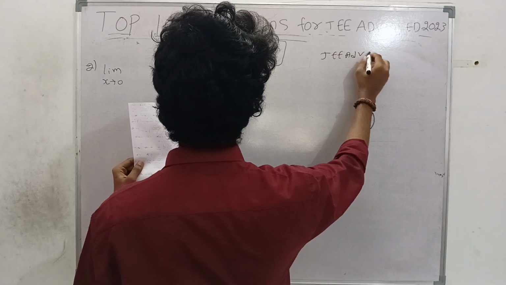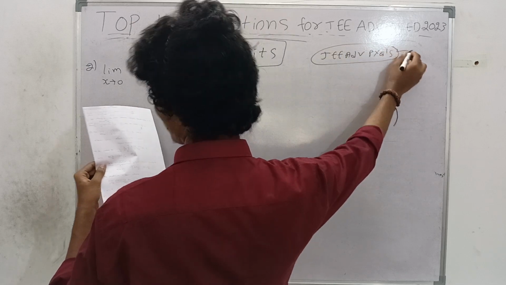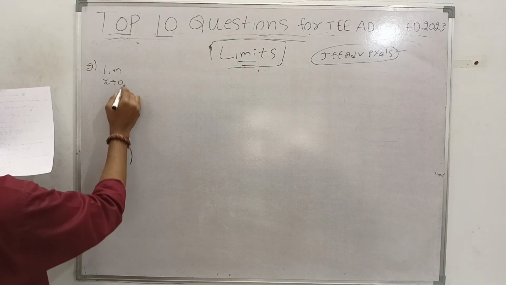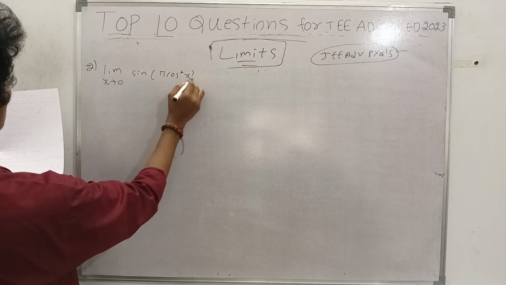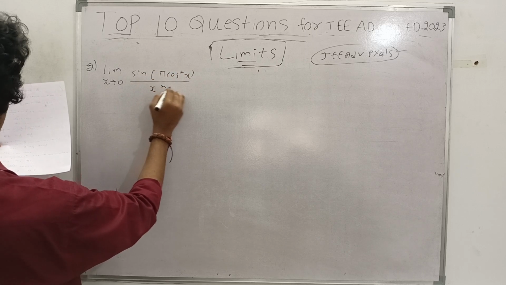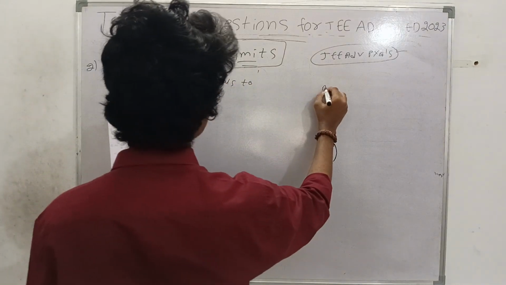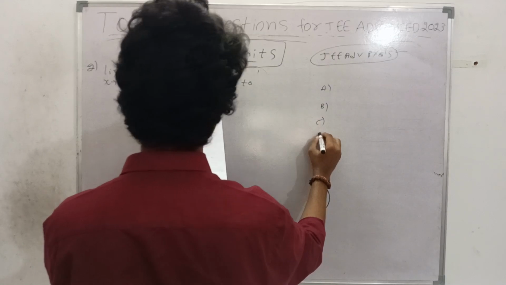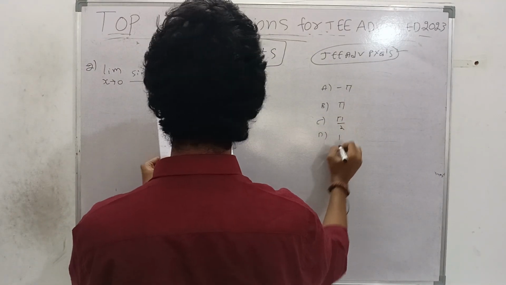Limit x tending to 0, sine of pi into cos square x divided by x square equals to, and the options are A, B, C and D: minus pi, pi, pi by 2, 1.